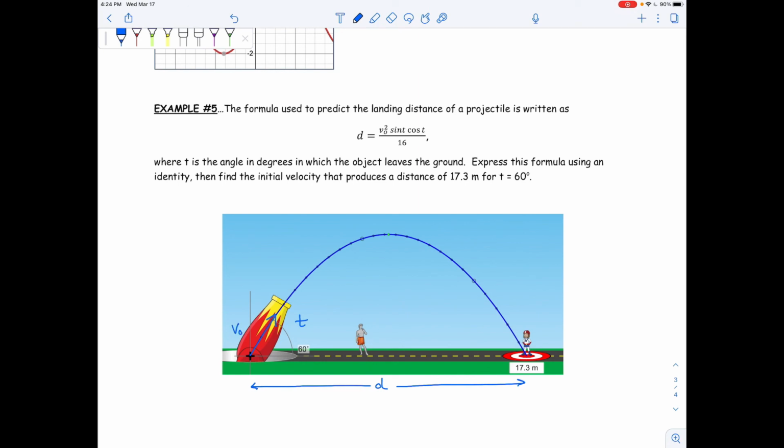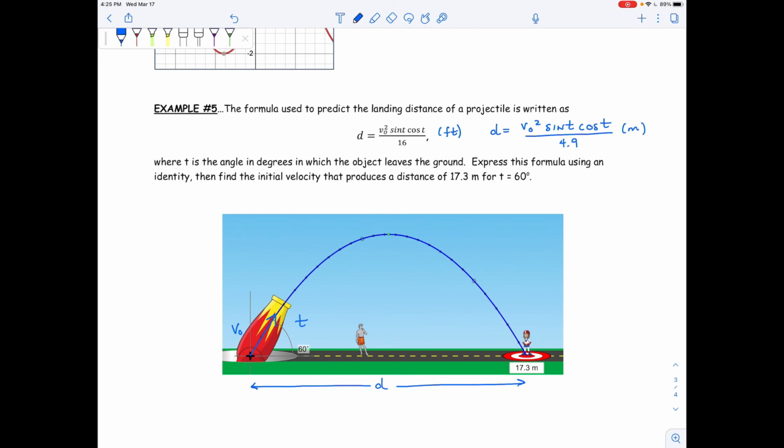V naught is the initial velocity in which that projectile is launched. And this formula is designed, actually, with the constants to give a distance in the units of feet, but our problem is in meters. So we're going to do an alternate version of it. d equals v naught squared sine t cosine t divided by 4.9. And this is the metric version of that same equation.